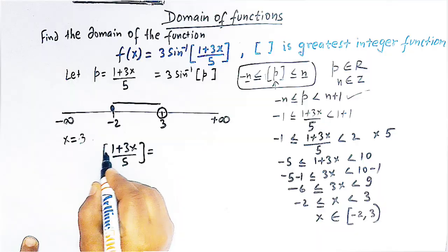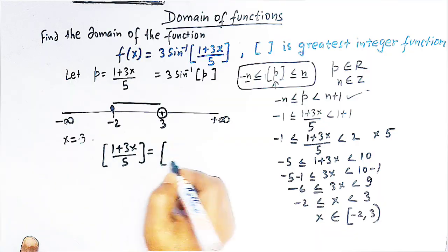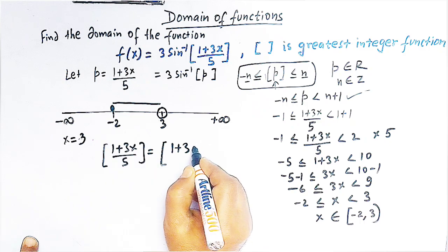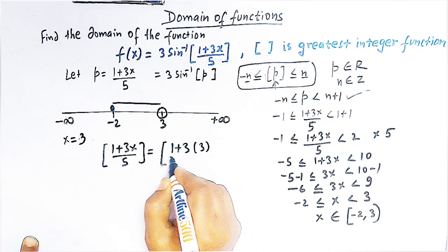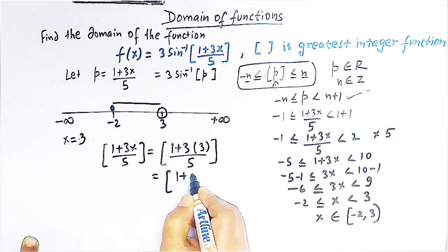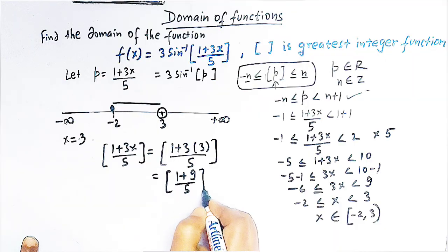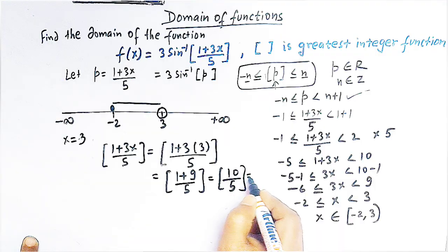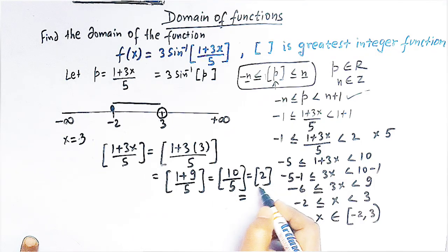So taking x is equal to 3, here we have 1 plus 3 times 3, and here we have 5. So this is (1 plus 9) over 5, and here we have 10 over 5, and this is greatest integer of 2, and the greatest integer of 2 is simply 2.